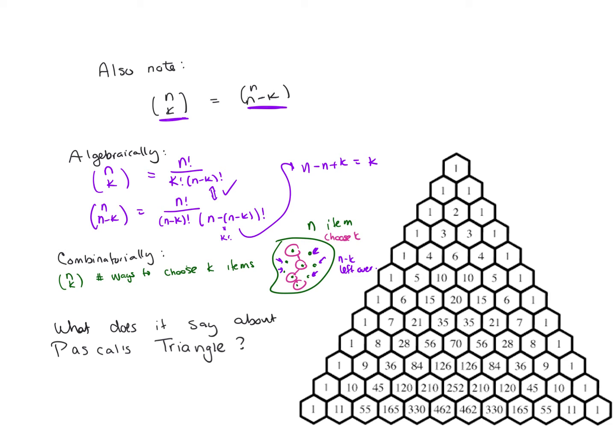So from each group of k, we get n minus k left over. So the number of ways to choose k is equal to the number of ways to choose n minus k.